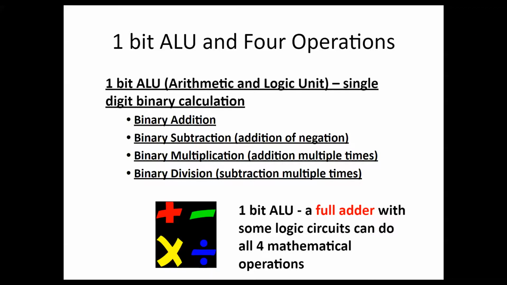So division is, in super simplification, subtraction multiple times, with a carryover. You want to see how many times you can subtract until you can no longer subtract, and that's where the remainder comes in.